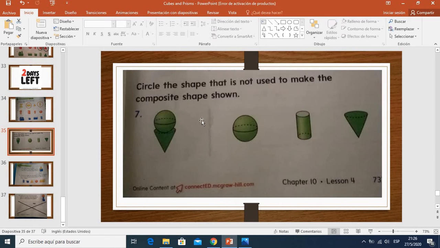Now, at the bottom, we need to circle the shape that is not used to make the composite shape shown. For this one we have a sphere and a cone. So which of these shapes is not used?